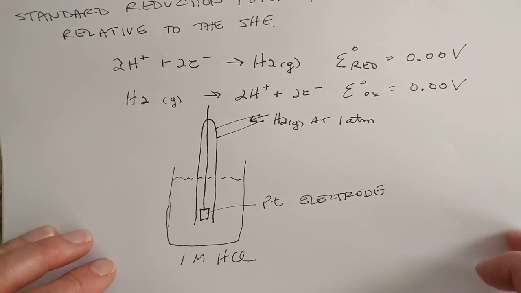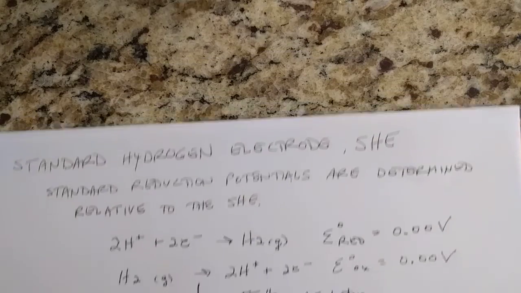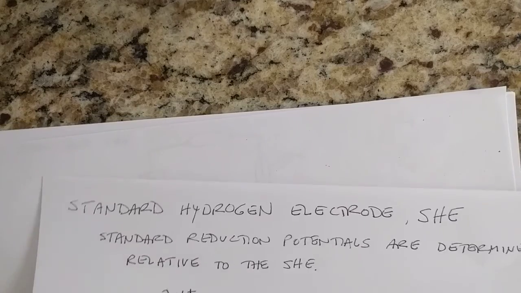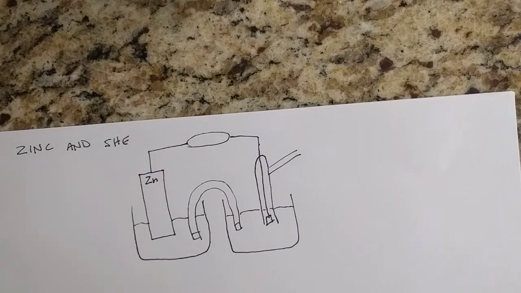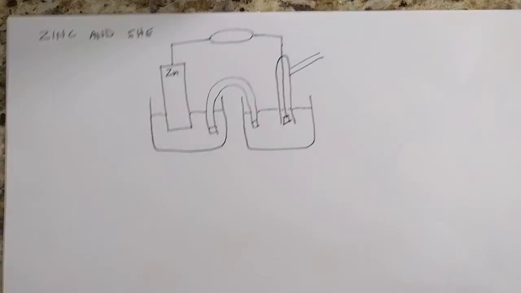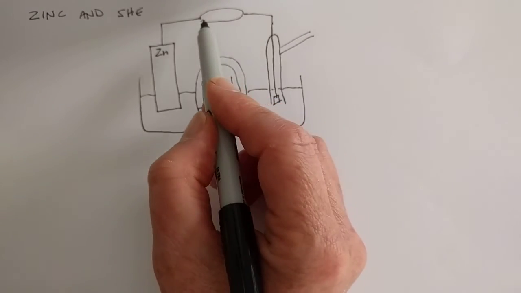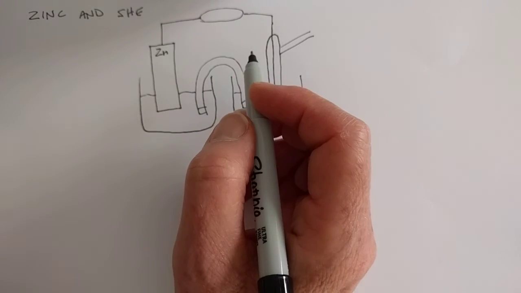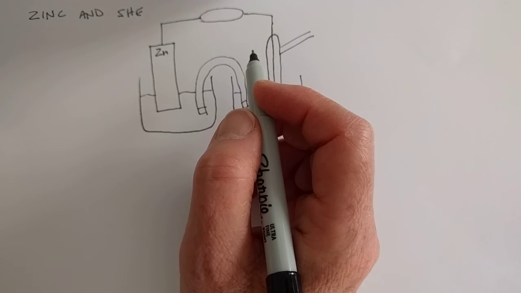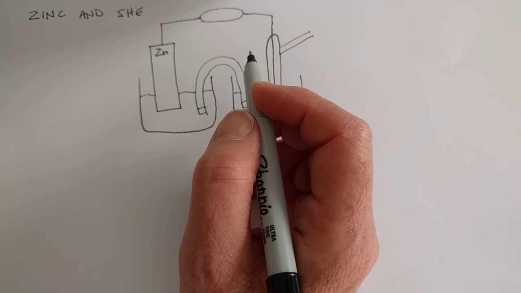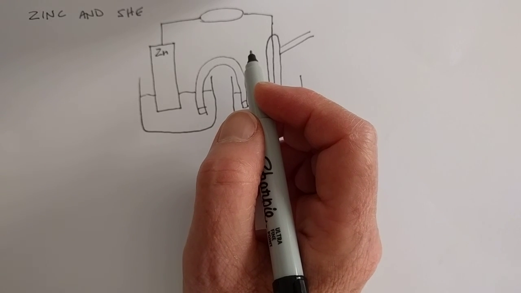So let's see how we determine reduction potential using this idea of the standard hydrogen electrode. So we'll look at zinc and the SHE. All right, so here we've got a voltmeter, and this is going to give us the number of volts. You'll learn about that when you take physics.